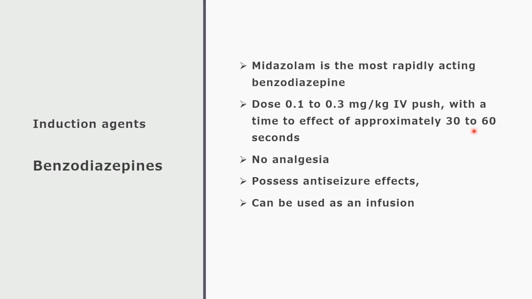It does not provide any analgesia but does possess anti-seizure activity, making it an effective agent for RSI in patients with status epilepticus. It is important to understand here that the dose of midazolam given for RSI is more than the dose required for procedural sedation. Midazolam can be used as an infusion for long-term sedation.